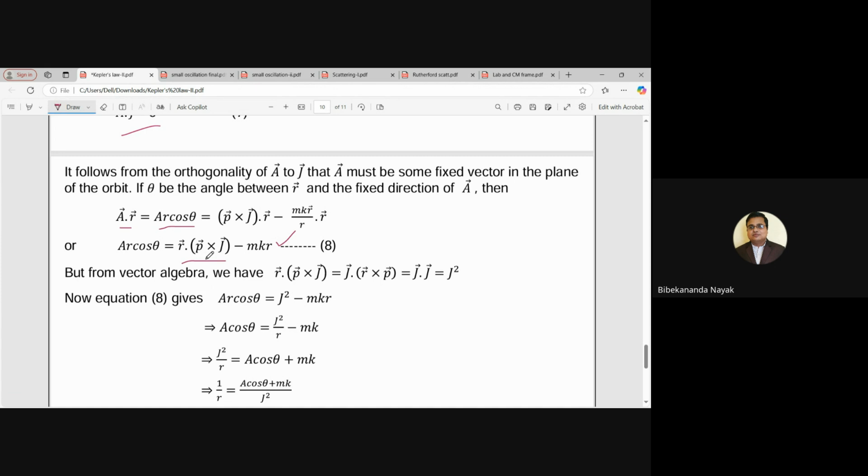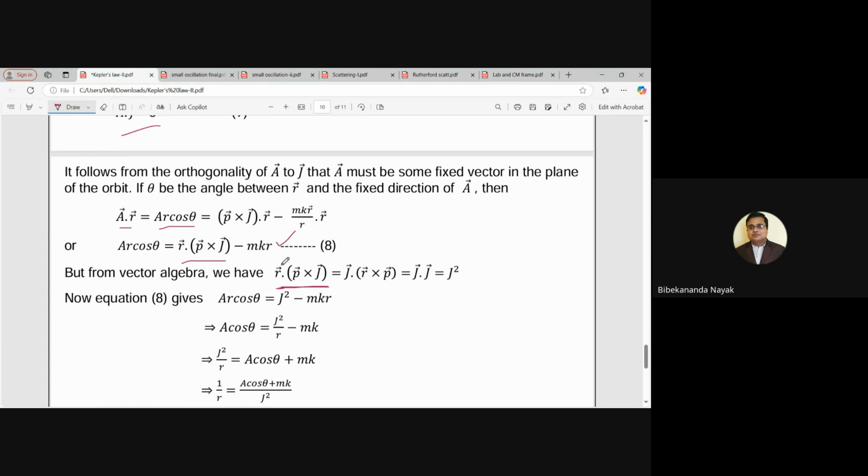But for r dot (p cross J), the formula A dot B cross C is the same as B dot C cross A, which is the same as C dot A cross B. It is a general vector identity.